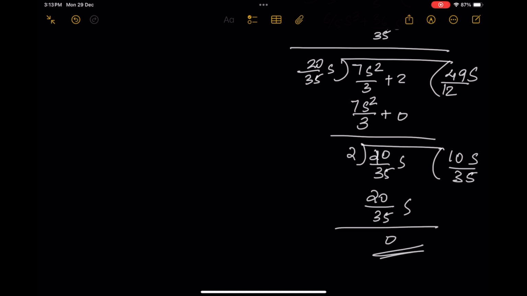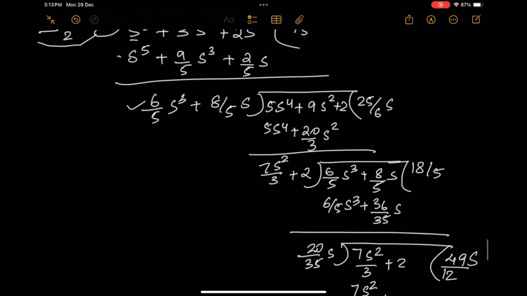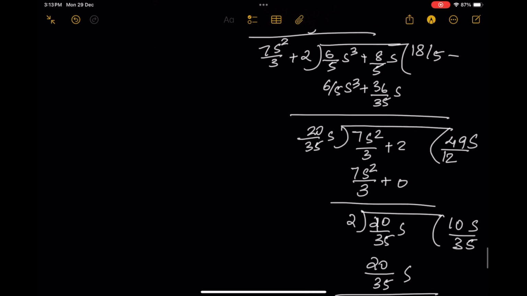Now that I have solved it all the way from the top to the bottom, you could see all the quotients here. This is q1, q2, q3, q4 and q5. All quotients are positive.